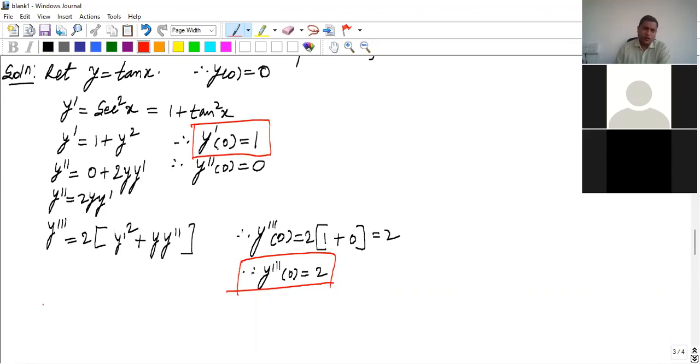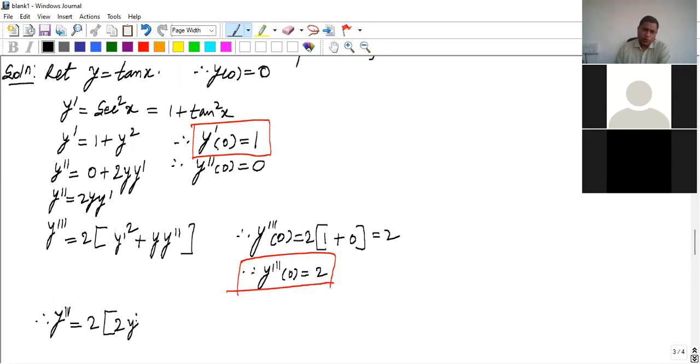Okay, so what we can do is we can again differentiate this term. So let us differentiate this term. So we'll have the fourth derivative. What is the term here? We'll be having 2y dash square. What will be the derivative of this 2y dash square?